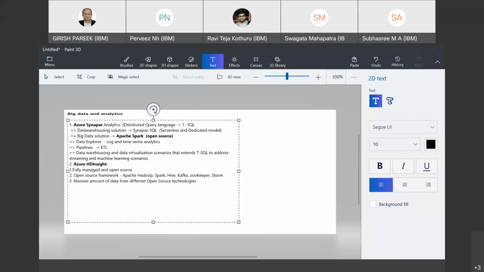Build your data lake through seamless integration with Azure data storage solutions and services, including Azure Synapse Analytics, Azure Cosmos DB, Azure Data Lake Storage, Azure Blob Storage, Azure Event Hubs, and Azure Data Factory, right?